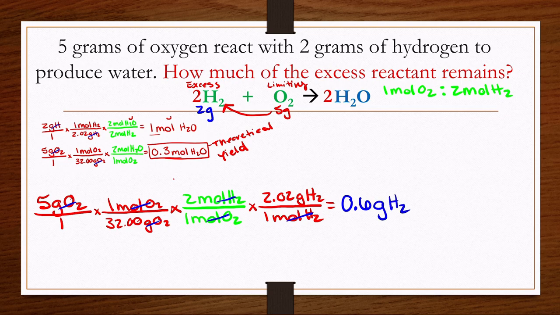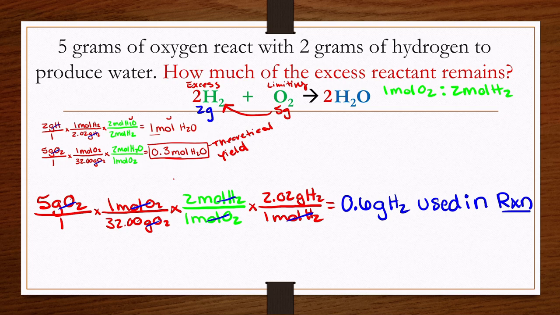And remember, this is telling us how much is used in the reaction. All right, that's just an abbreviation for reaction. So this is telling me that I only used 0.6 grams of hydrogen.